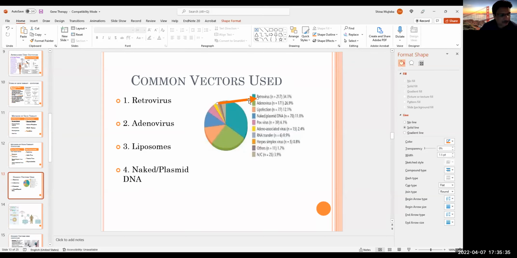Why? Because they can integrate into the human chromosomes, so they can generate permanent change in the cells and keep expressing the protein, as compared to adenovirus, which doesn't integrate with the chromosome. So those are two ways to deliver genes, and of course liposomes and plasmid DNA also. Plasmid DNA is less stable as compared to retrovirus and adenovirus.